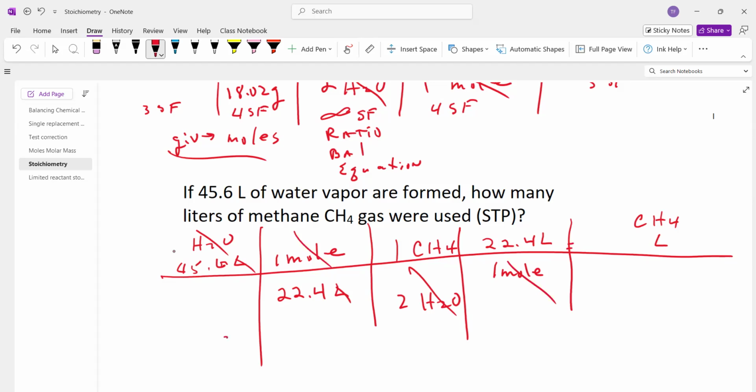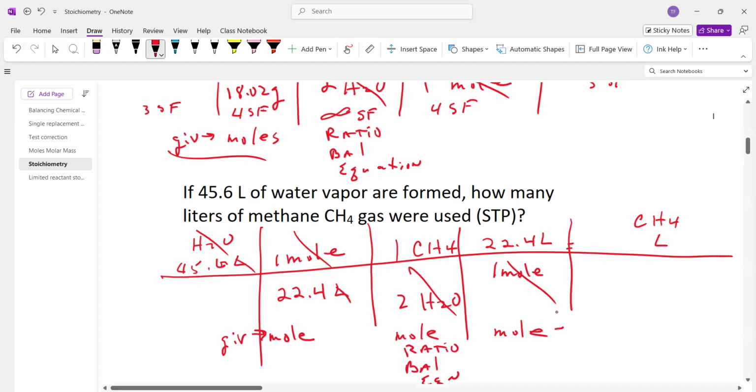So this is given to moles. Mole ratio from the balanced equation. And this is going to be moles to what you're trying to calculate. 3 steps.